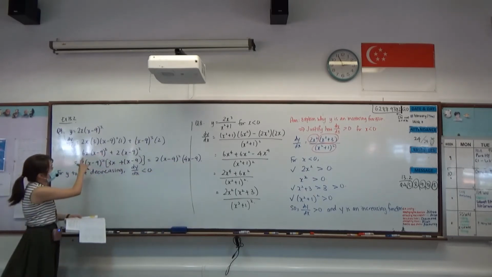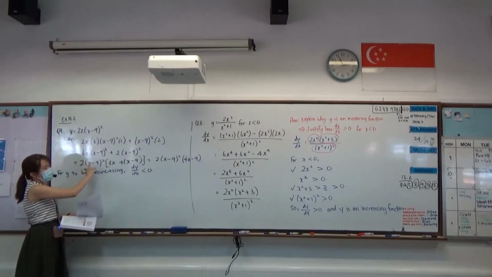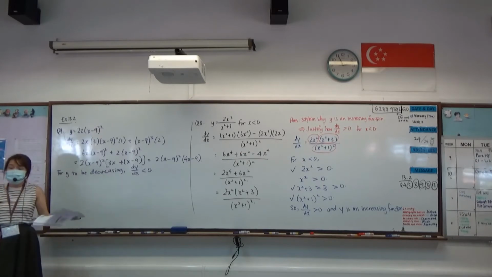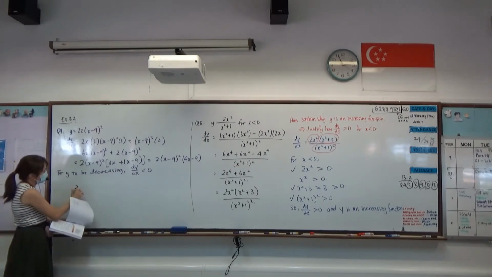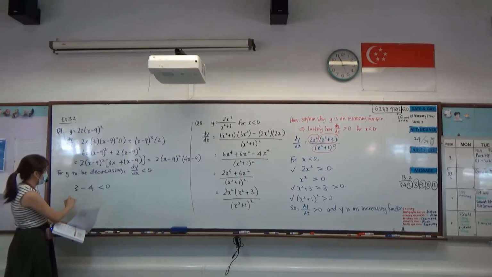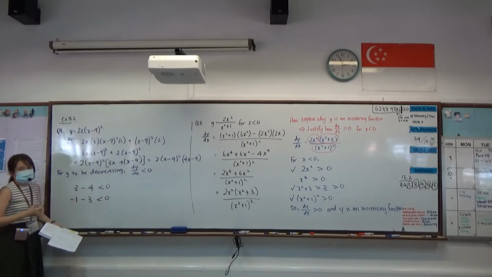Rather than if you were to see it in plus, because when we have plus and minus, to decide how it is going to be less than 0, there's too wide a combination that we can have. Because in order to arrive at less than 0, let's say I want to have 3 minus 4, I'm going to get negative 1, that's less than 0. But I could also have things like negative 1 minus over 3. That will give me less than 0.